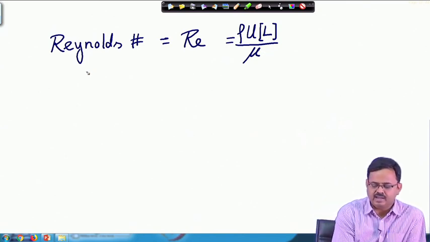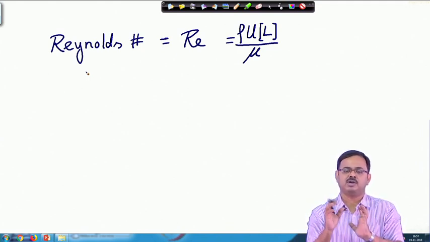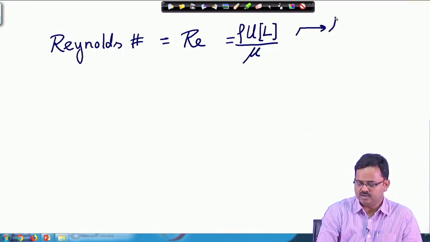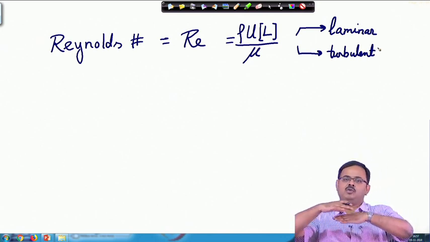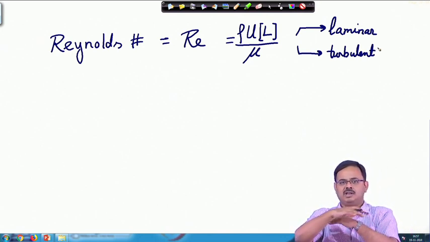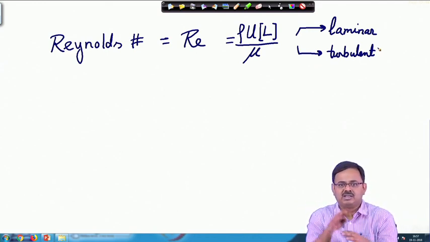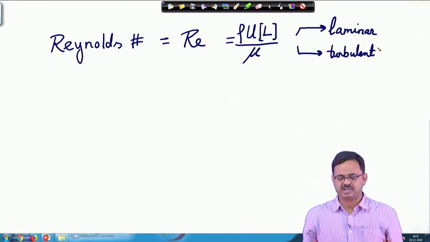Okay. So, again L, like before, can be the length of a plate, or the diameter of a pipe, etc. And Reynolds number determines if a flow is laminar or what is called turbulent. Laminar is when the flow happens very steadily, you have one layer of fluid, another layer of fluid, like that. Turbulence is when you have all this mixing, okay. The fluid is no longer moving uniformly in one direction, but there is a lot of churning and mixing and all that, okay.